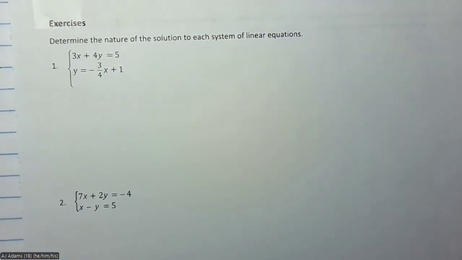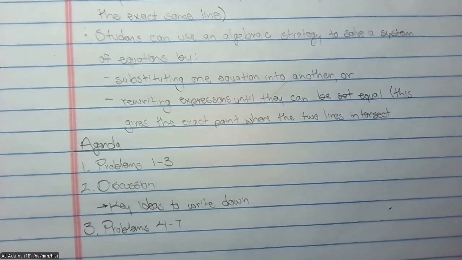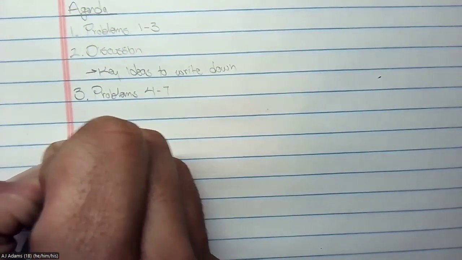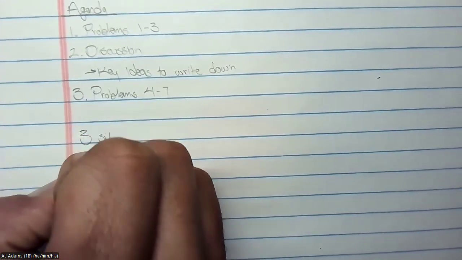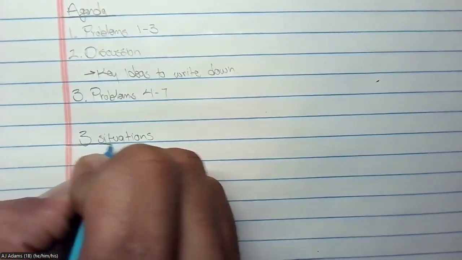All right, so number 1 says, determine the nature of the solution of each system of linear equations. And this is actually probably a good time to review what we have talked about in previous videos and in previous lessons. There are 3 situations that we can observe in a system of equations. And the first situation is that there's one solution.